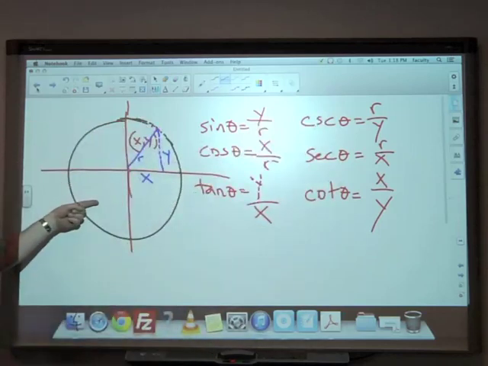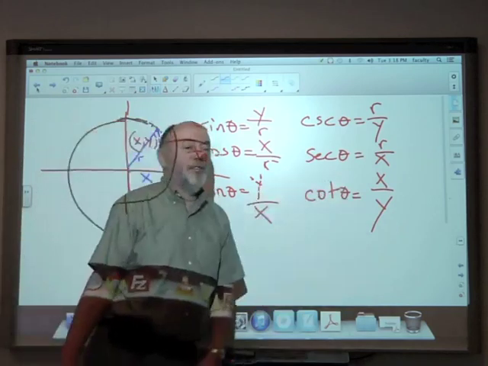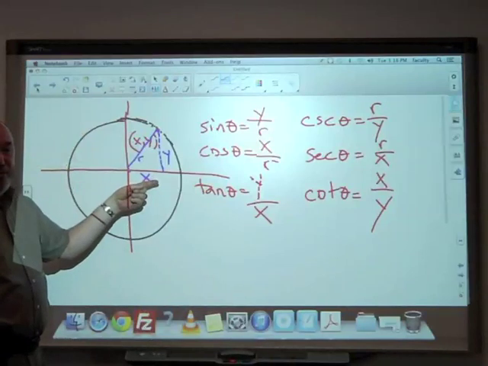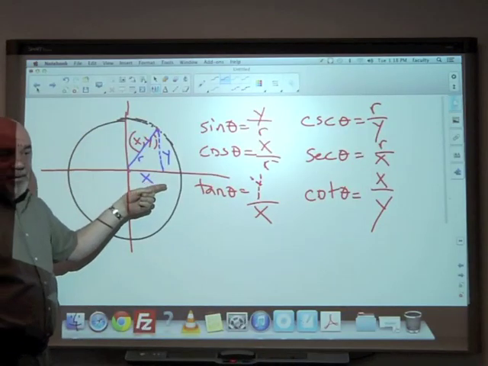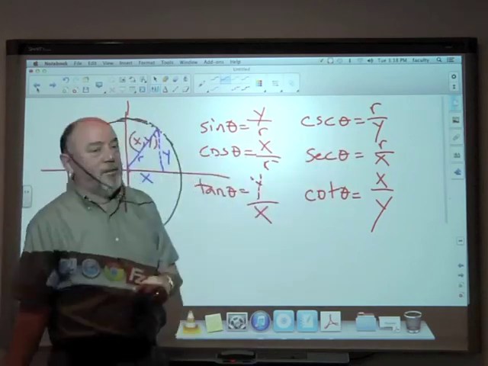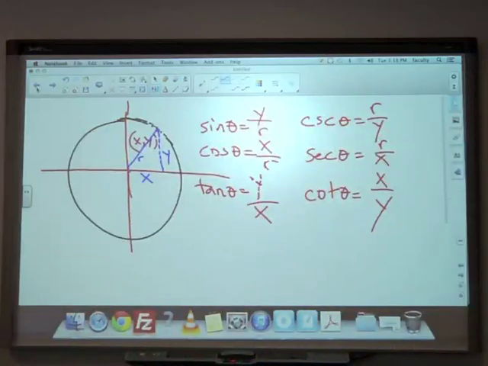Down here, quadrant 3, X is negative, Y is negative. So if I have a negative divided by a negative, I do get a positive, which is tangent and cotangent. Quadrant 4, X is positive, Y is negative. So only my functions involving X will be positive. Okay?